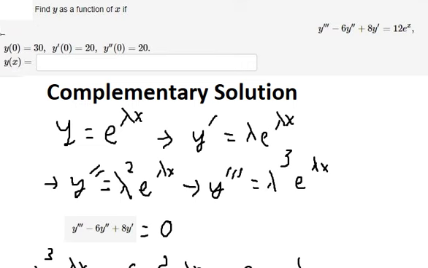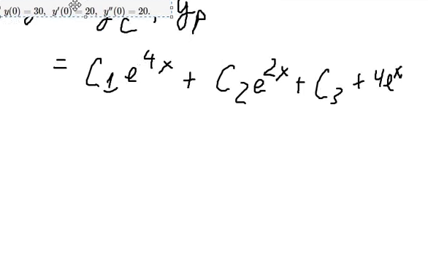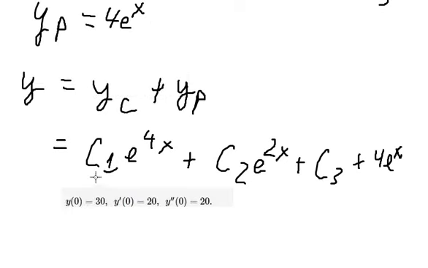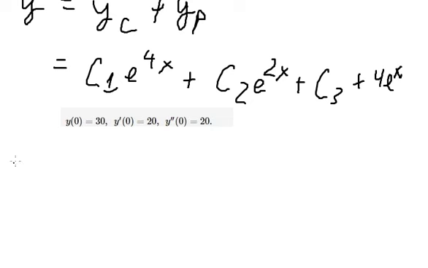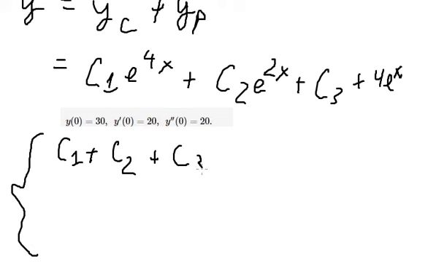So we have the condition. If s equals 0, we put in here. We will have the first equation: c1 plus c2 plus c3 plus 4 equals 30.